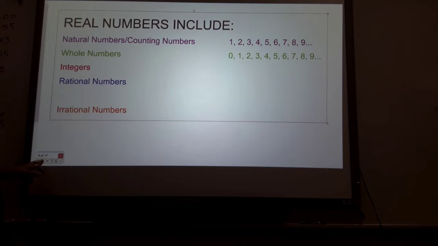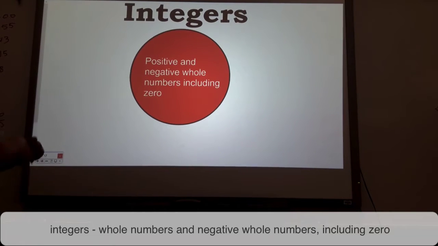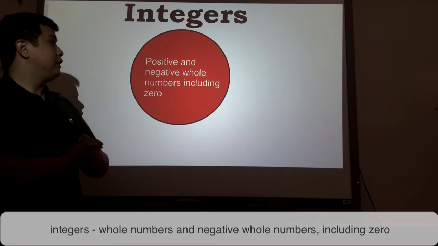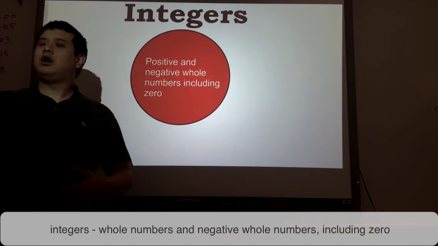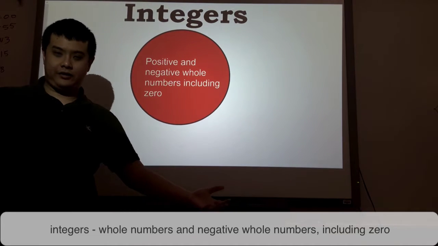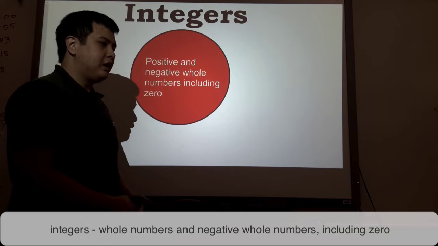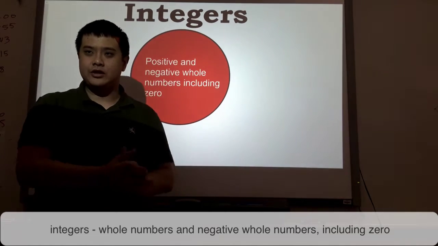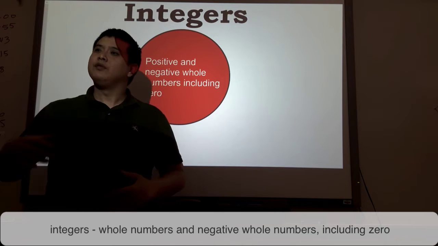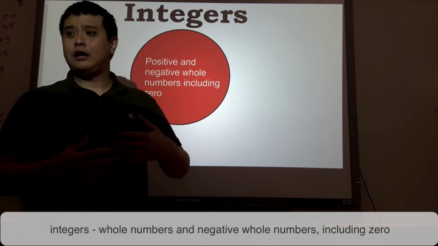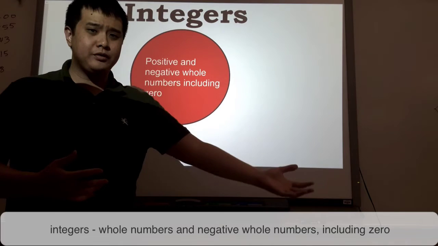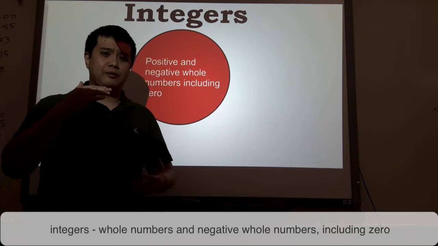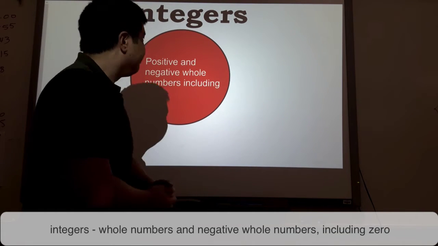Now we're going to go on to integers. Integers are positive and negative whole numbers. Okay. So the concept of negative numbers came into the consciousness later on after the discovery of the number 0, realizing that there needs to be a number indicating something is owed to somebody or a number that indicates something is below something.